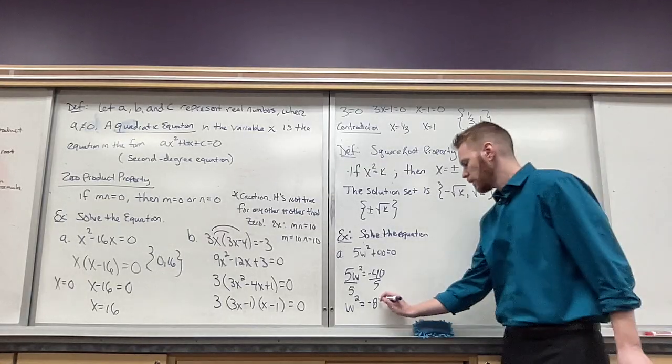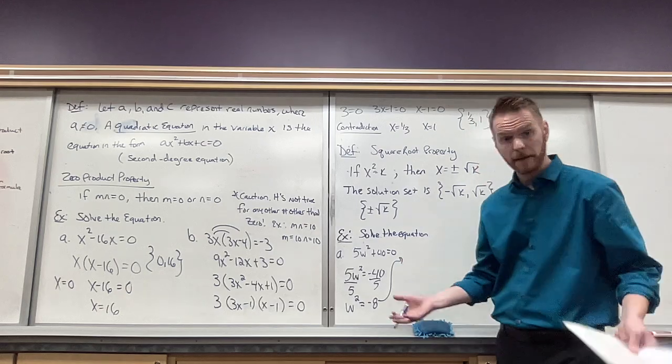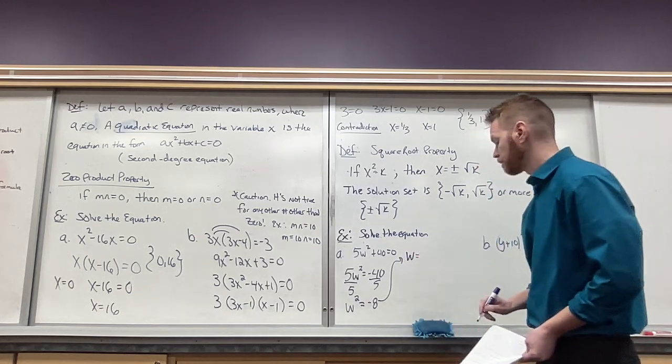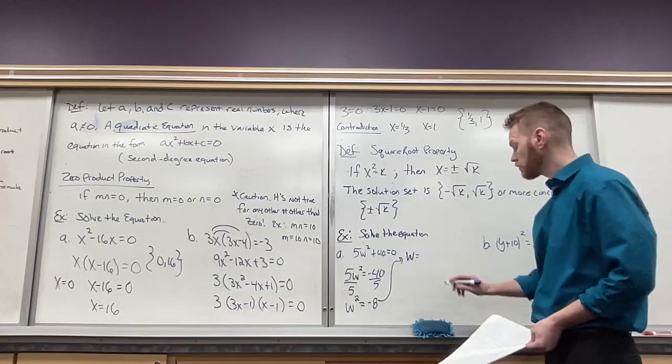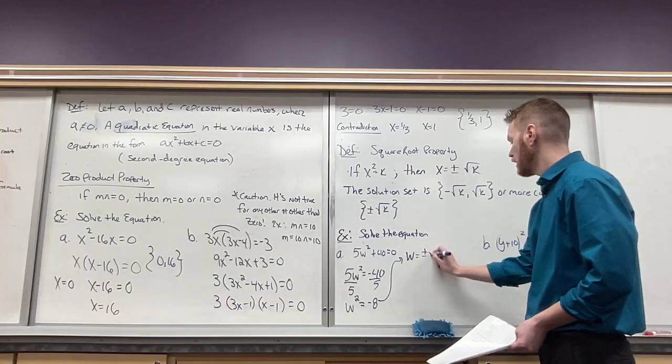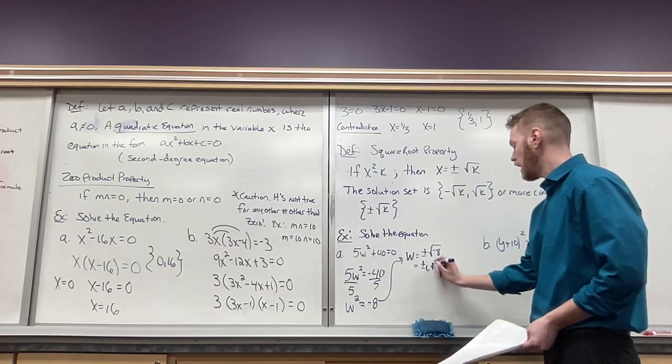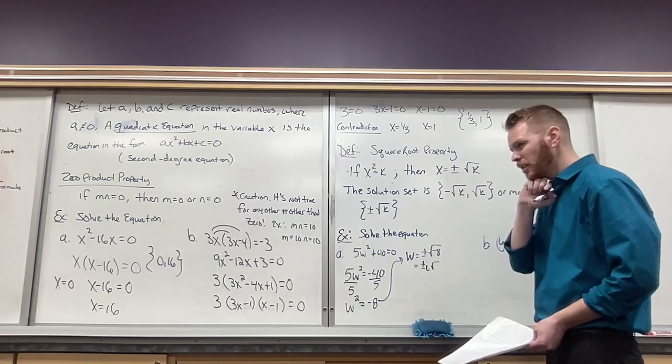Typically, we don't like stuff that's negative under the square root, but we know how to manage that now. We know how to work with complex numbers and imaginary numbers. w equals positive or negative square root of negative 8.